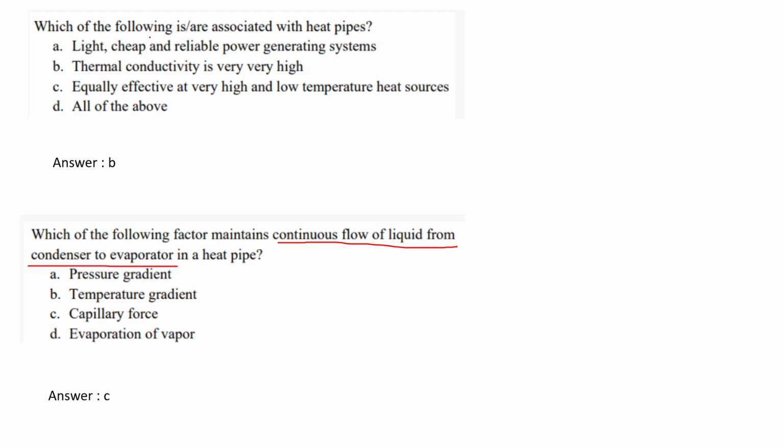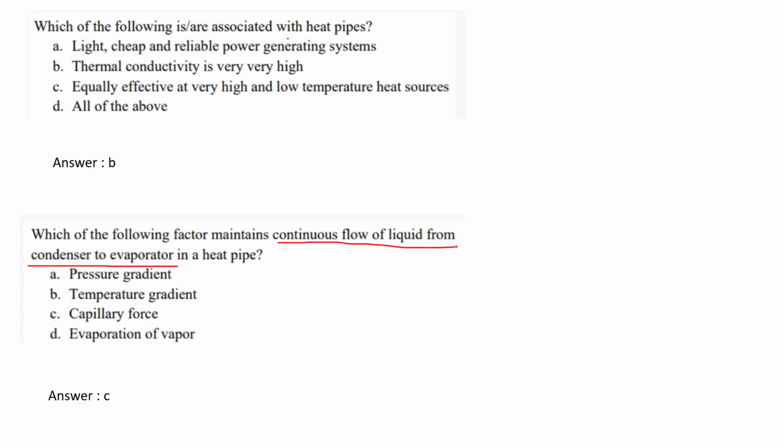Now, which of the following is associated with the heat pipe? So we have to remember what a heat pipe is. It is a light, cheap and reliable system, and thermal conductivity is very high in heat pipes. Options say it is equally effective at very low and very high temperature heat sources, and all of the above.